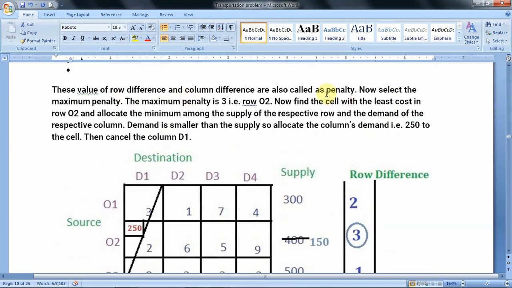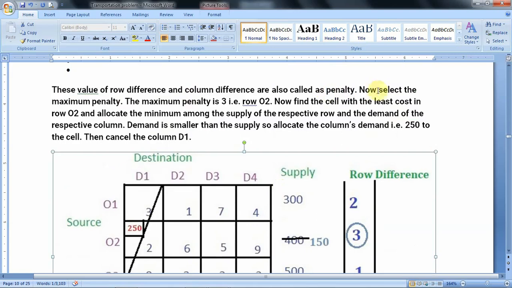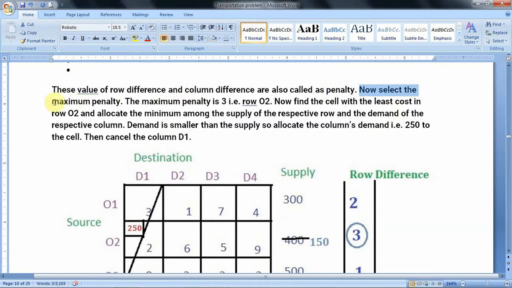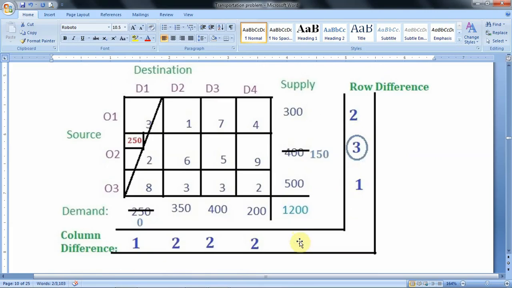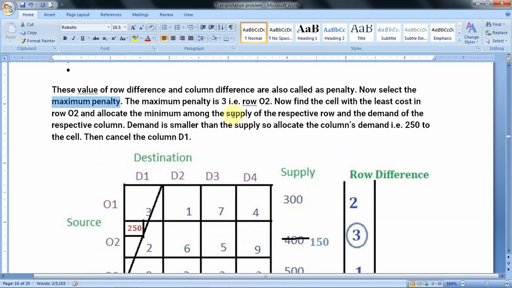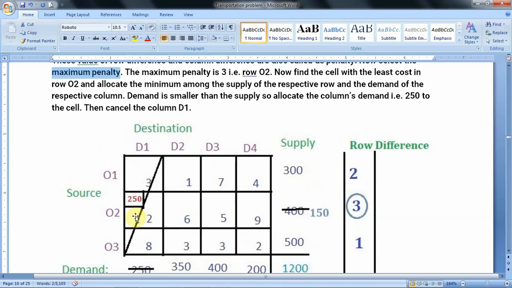Okay, that is the first stage. Next, in these penalties, either row or column, the highest penalty value is 3. So choose that row. The least cost value is 2 rupees.